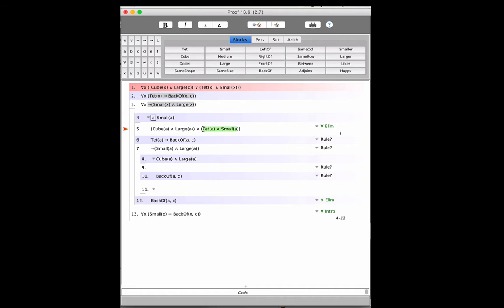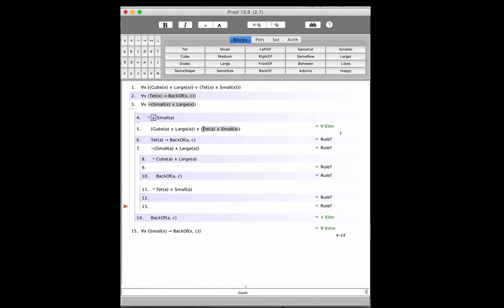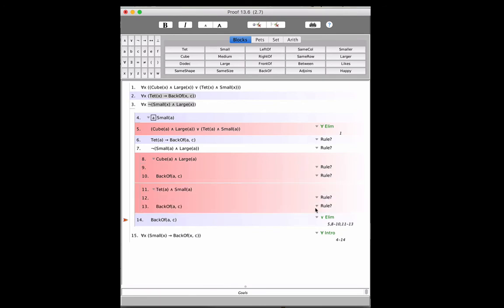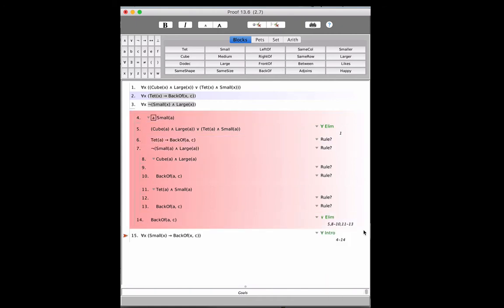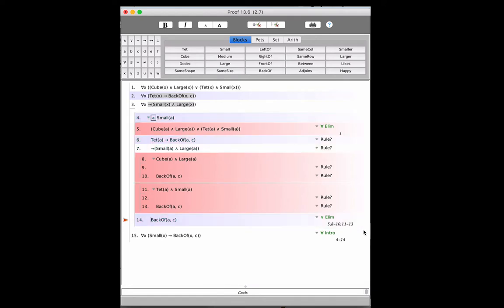So large A and small A. And again, what do you want? You want back of AC so that you can get out and say from lines 5, 8 to 11 to, right, we don't know what the numbers are going to be. We've proven back of AC. So that's disjunction elimination.